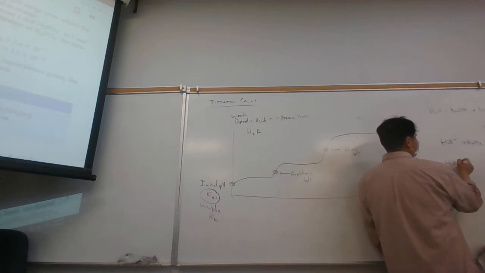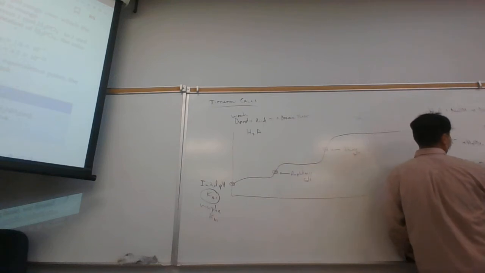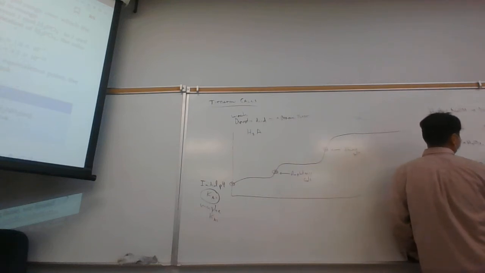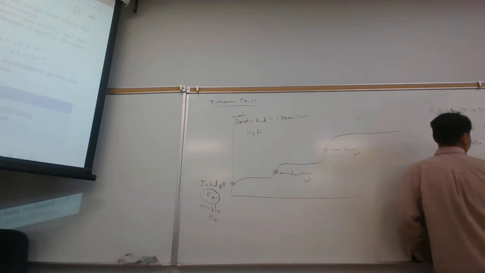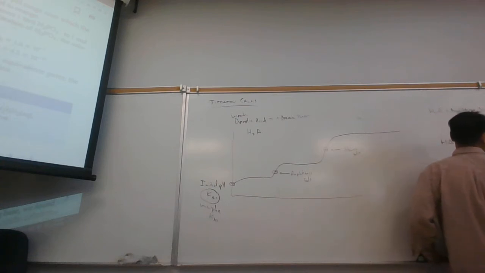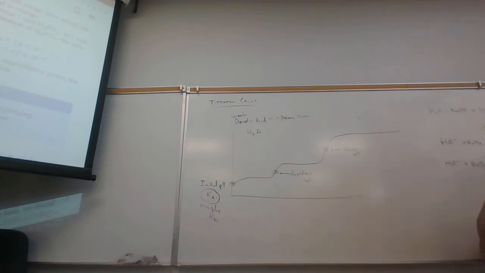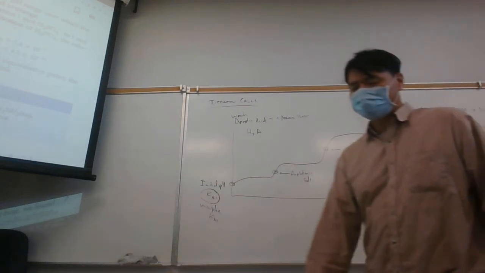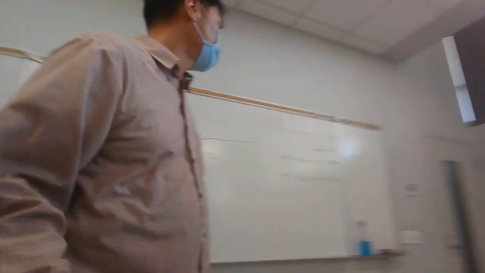But also HA minus can collide with water and pick up hydrogen. If it picks up hydrogen, it forms H2A and hydroxide. So it's amphoteric because it can go either way in this collision. For example, the first collision with water yields hydronium, the second collision with water yields hydroxide.